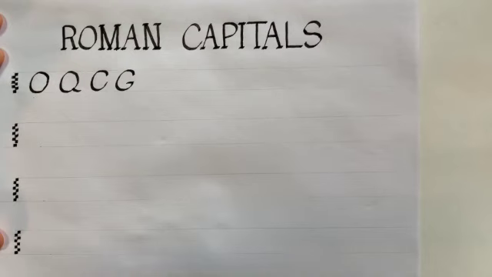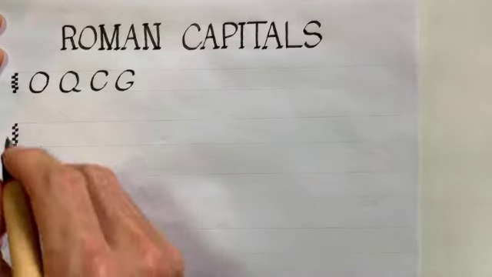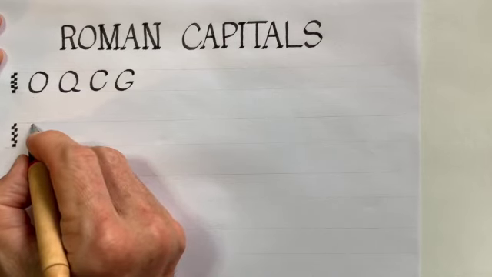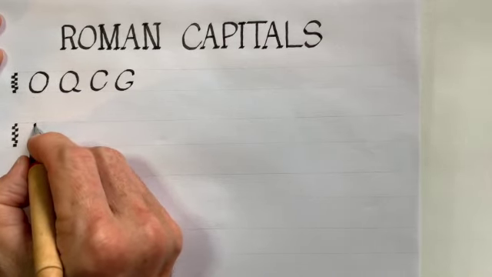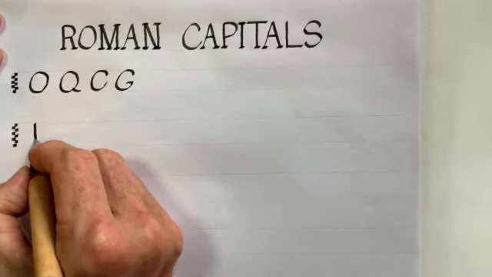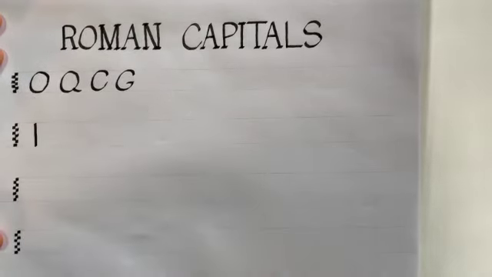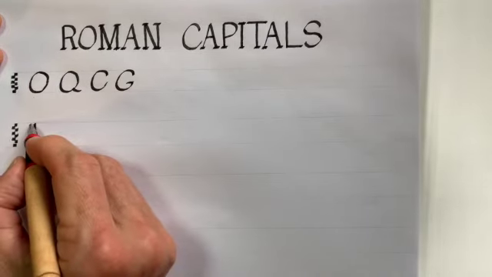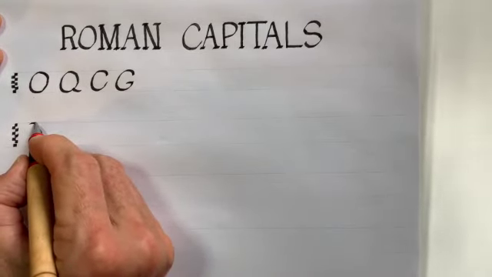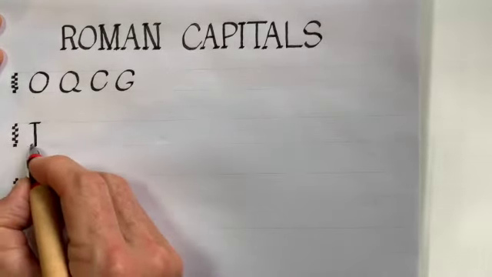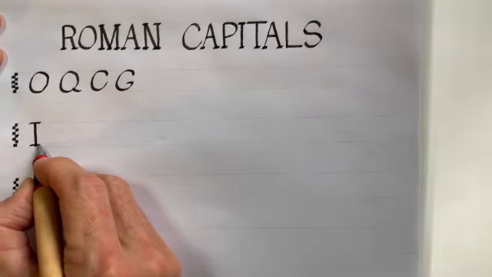Our next grouping of letters are the straight letters. So begin with an I. Very important to be vertical and not leaning. And we will add some caps at the top, maintaining our nib angle, and at the bottom.